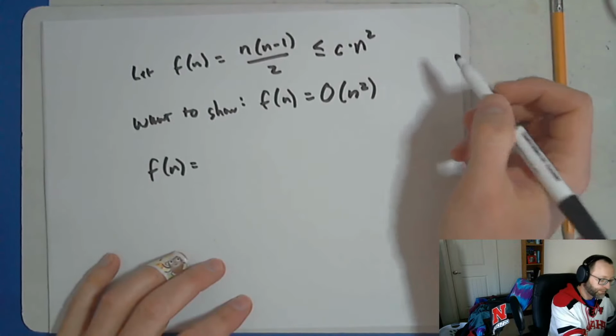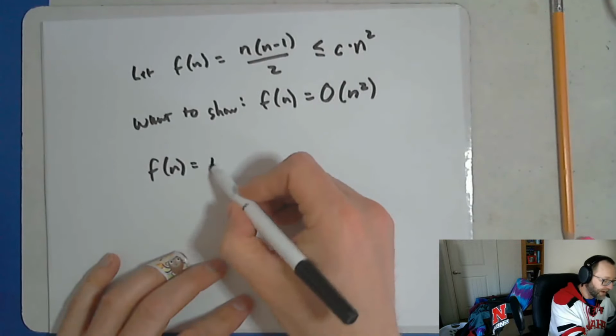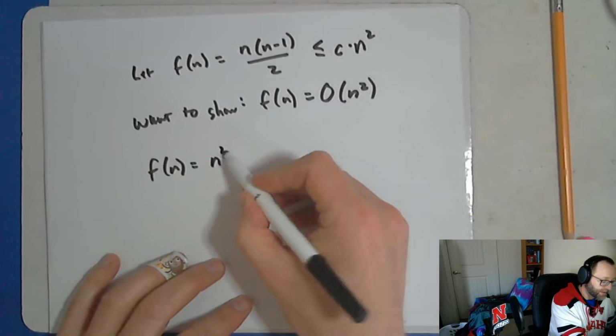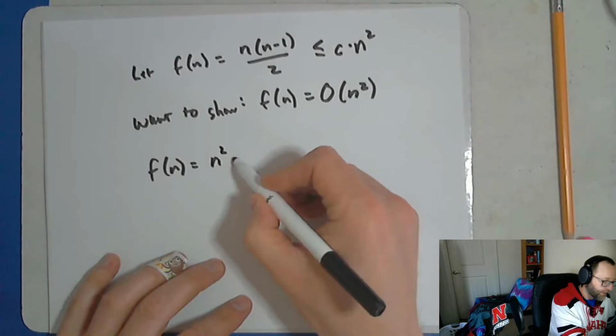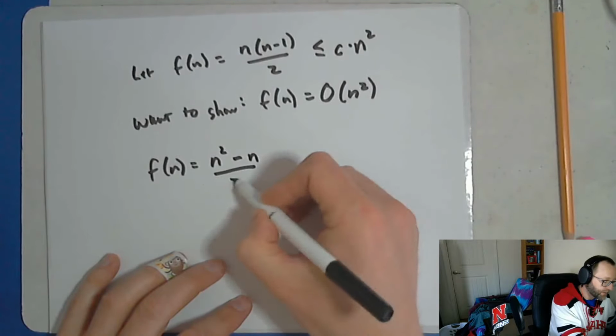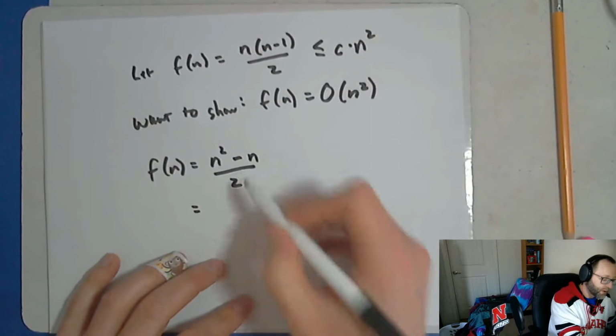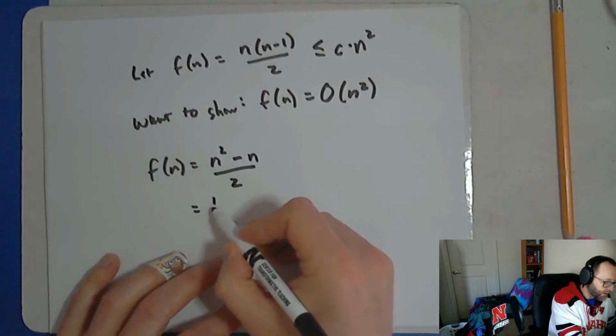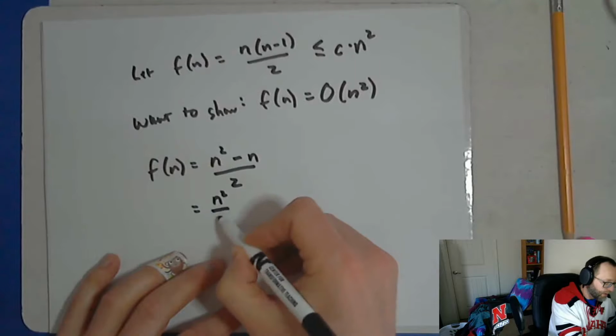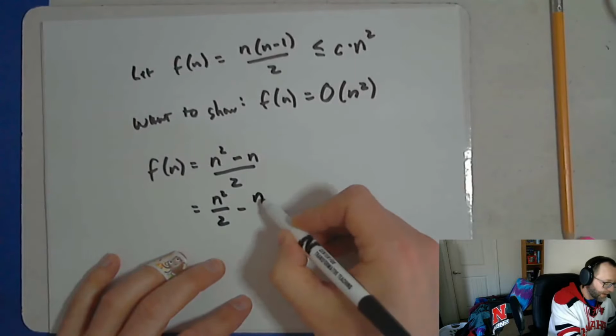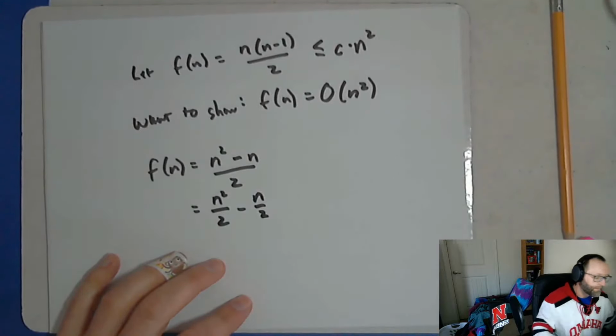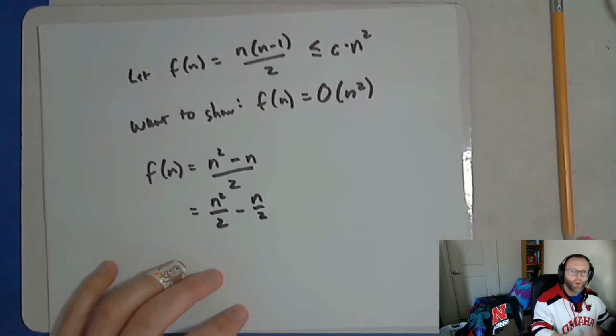So f of n is n times, and I'll just go ahead and expand it out now, n minus 1 all over 2. Well, we can split this up into 2 terms: n squared over 2 minus n over 2. Now remember, input sizes are only ever positive, or at least non-negative.